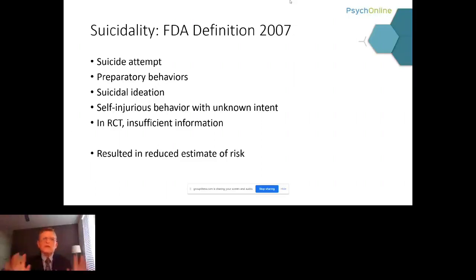In other words, don't try to guess whether they were serious or not, just include it. And then in randomized clinical trials, if any suicidal ideation or behavior occurs, it gets counted as a suicidality event. This definition, the application of this definition, resulted in a reduced estimate of risk from the 90s to the 2007.